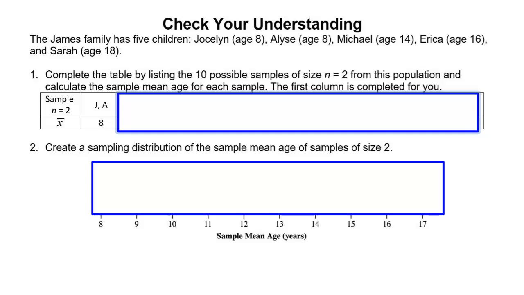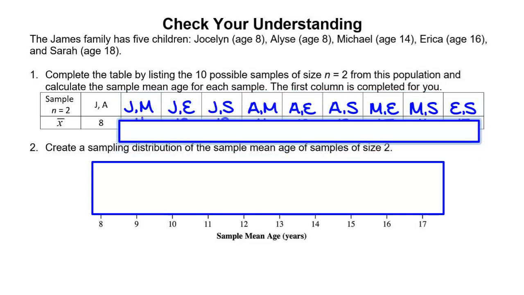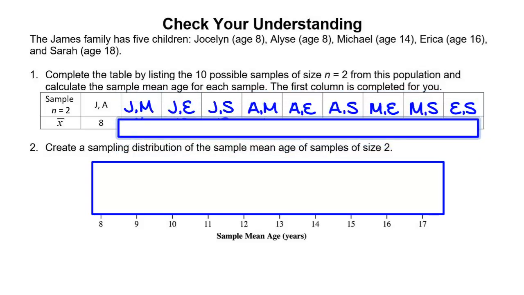Michael and Erica, Michael and Sarah, or Erica and Sarah. Please go through and find those averages. Average their ages. So take the 2 people's ages, add them together, divide it by 2 because you have 2 people in your sample. Calculate all of those average ages for me.